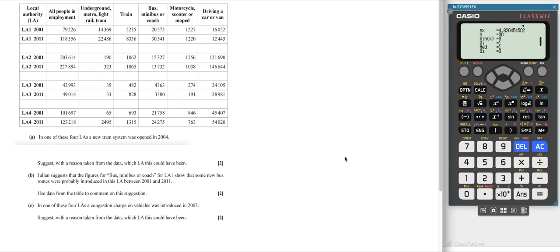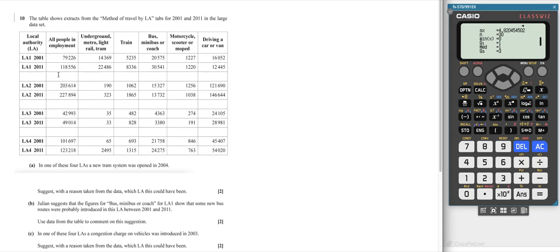Right, we're going for question 10. The data shows extracts from the method of travel. In one of these 4 new local authorities, a new tram system was opened in 2004. Suggest with a reason which local authority this could have been. So what we're looking for, new tram. So that's probably local authority 4.